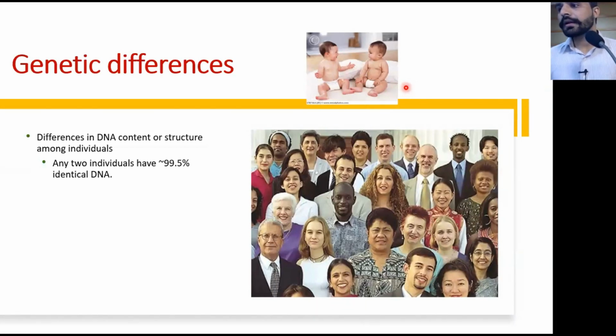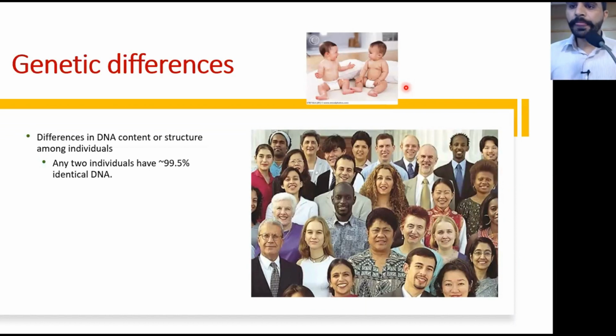So we can see a diversity of phenotypes in terms of color, height, weight, intelligence, all the traits that we can talk about. So what are the differences, and are these differences actually responsible for these phenotypic differences?